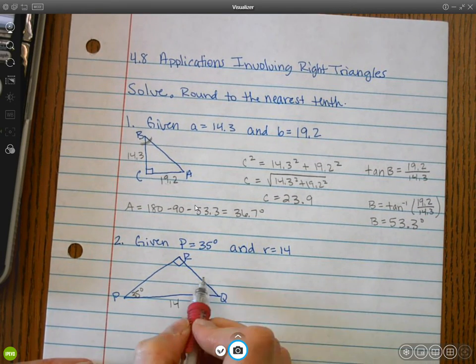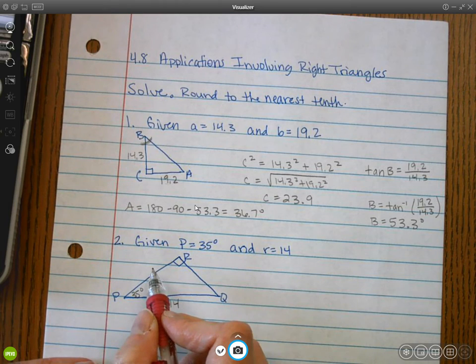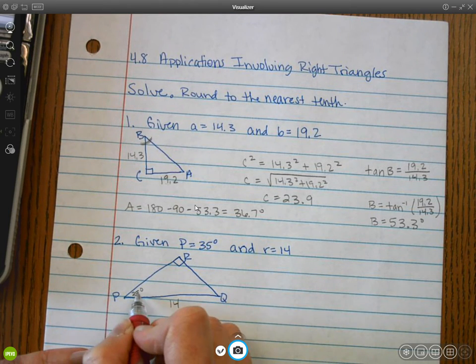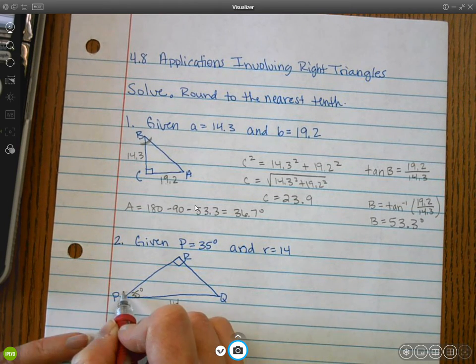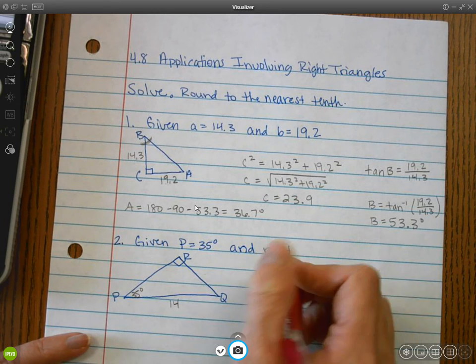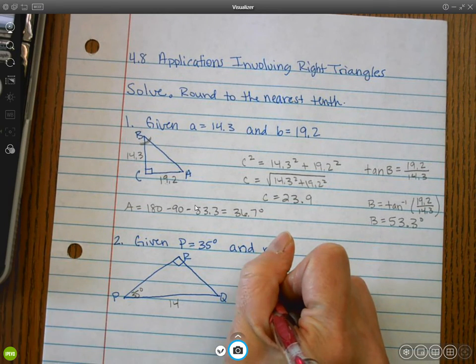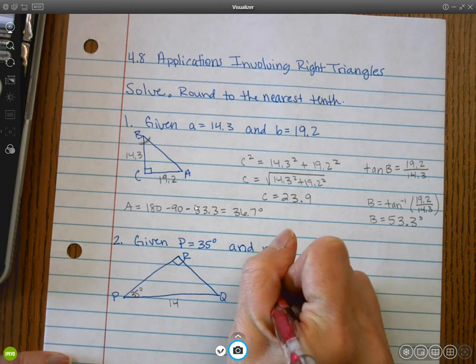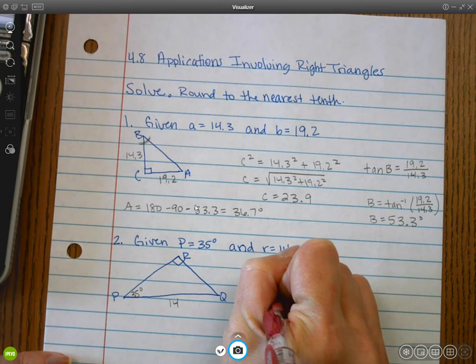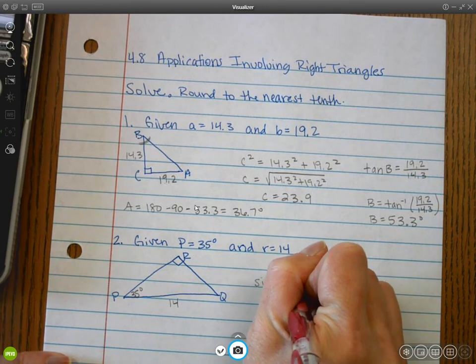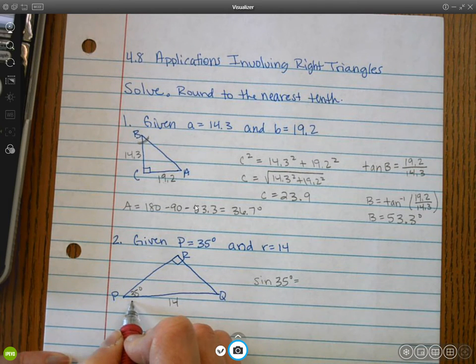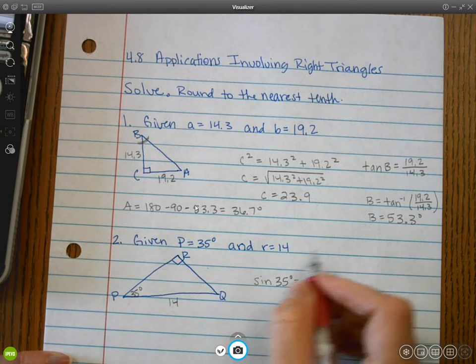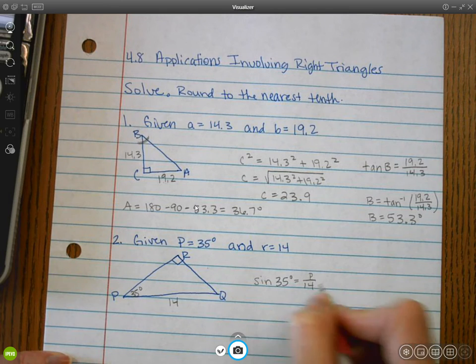All right, so I don't have enough to use Pythagorean theorem. I have an angle and I have a side. So from this angle, I know the hypotenuse. So I can use sine to figure out side P. So I can say sine of 35 degrees, so this angle, sine is going to be opposite over hypotenuse, so side P over 14.